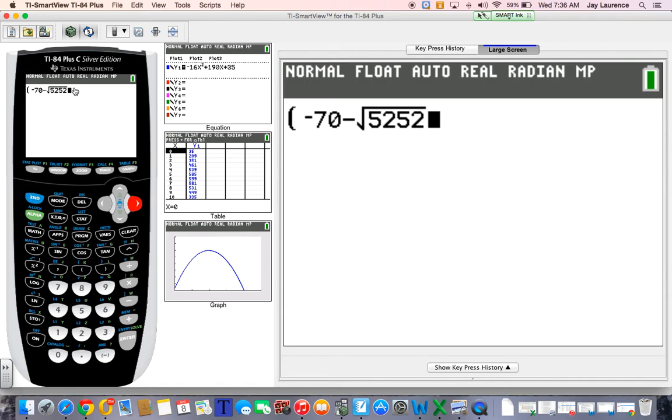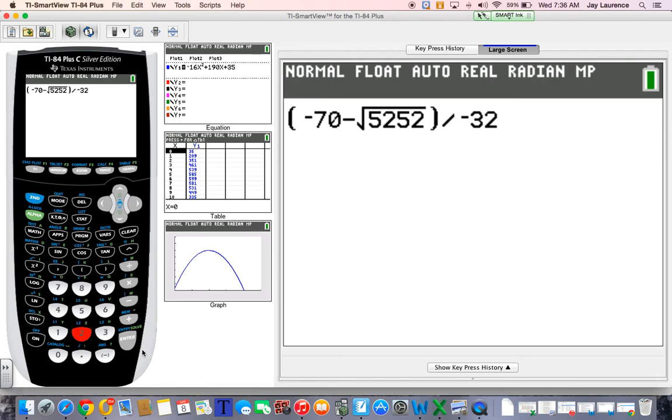But on this model calculator, like some of you have, you arrow out so you're not under the square root symbol anymore, and then I close this parenthesis. But if you were on one of mine in the classroom, then you're going to need two parentheses here: one to close the square root, and one to close this initial parenthesis. So this is the whole numerator, and I'm going to divide it by negative 32.